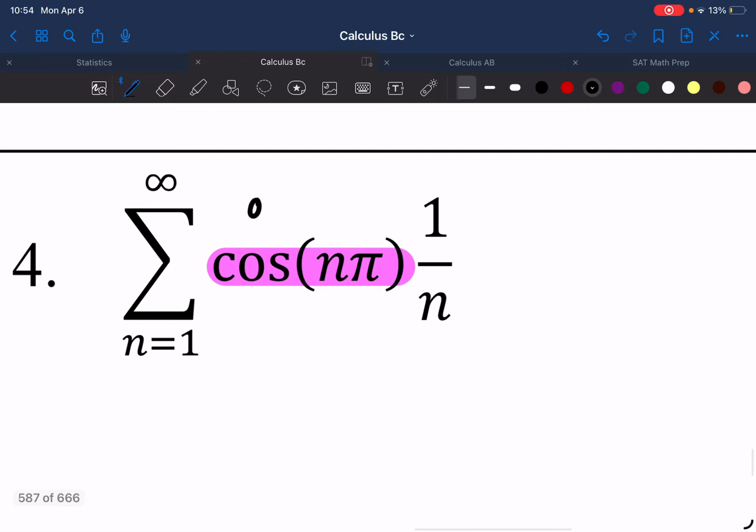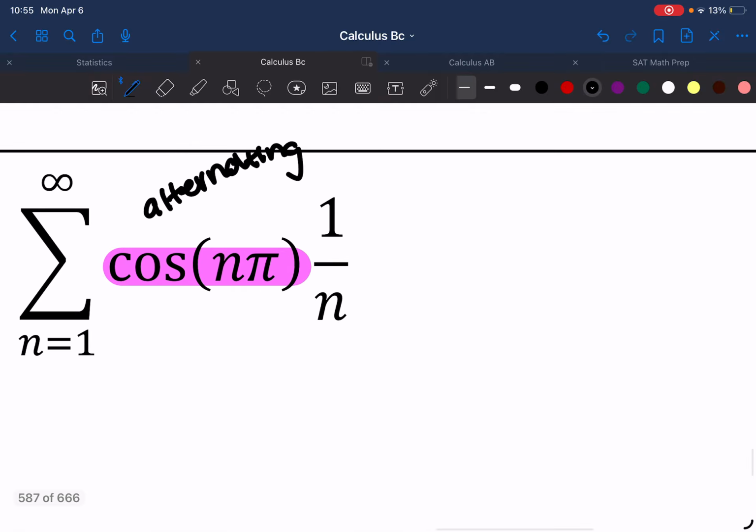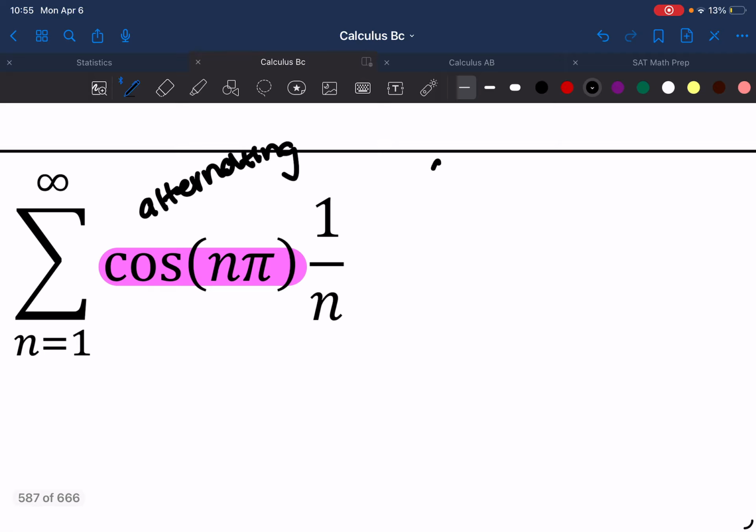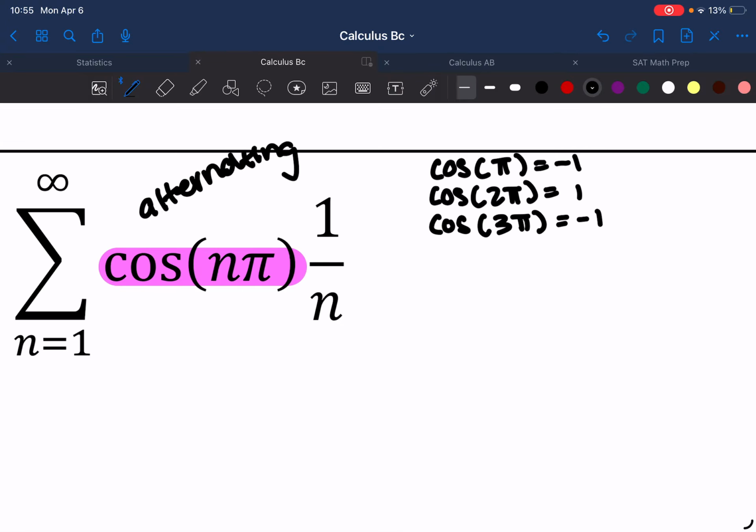If we plug in some numbers for n, cosine of pi is -1, cosine of 2 pi is +1, cosine of 3 pi is -1, cosine of 4 pi is +1, and we could continue that forever and see that it is alternating between -1, 1, -1, 1, etc.